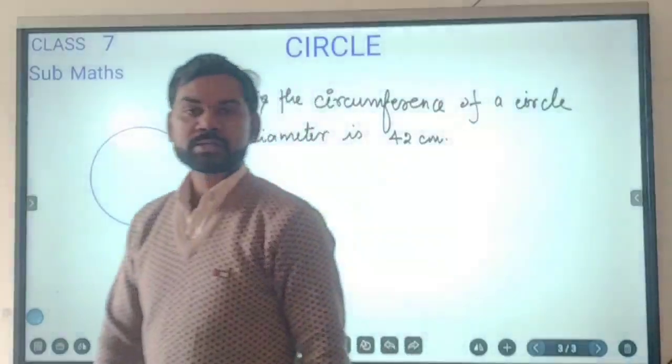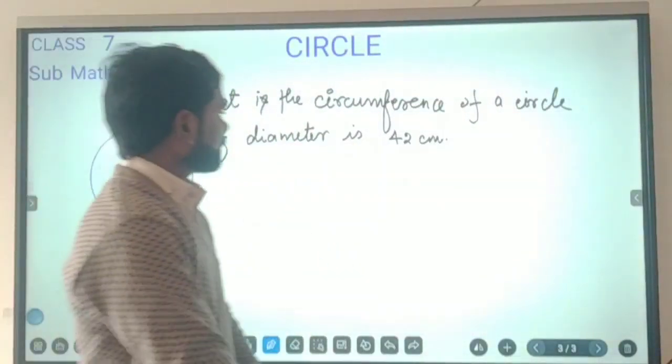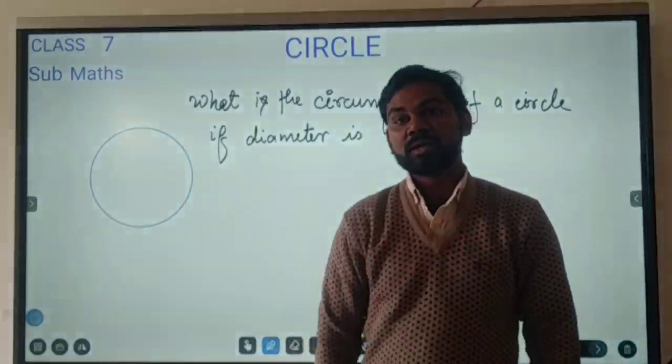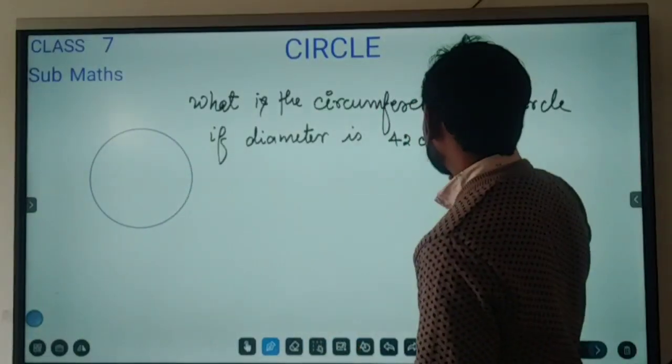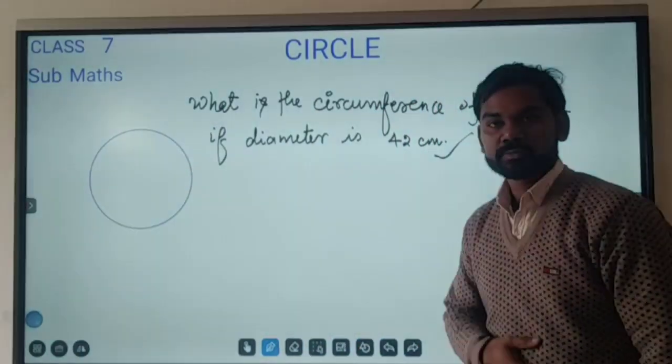So this is your question, and it asks for the circumference of the circle if the diameter is given as 42 centimeter.